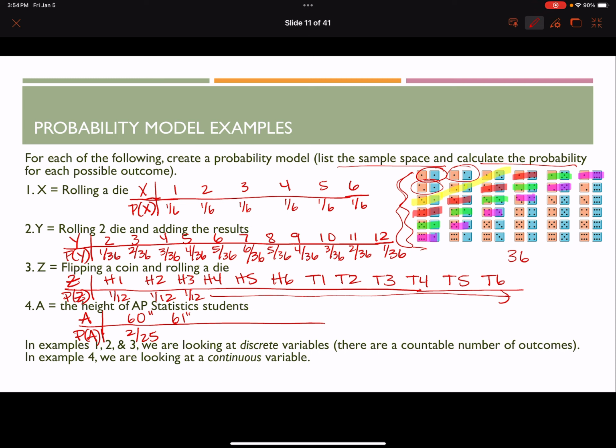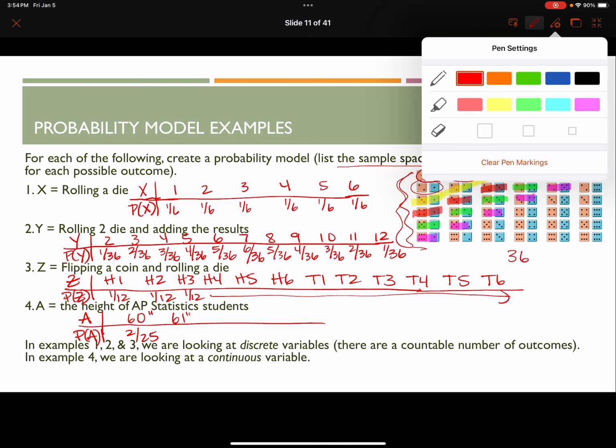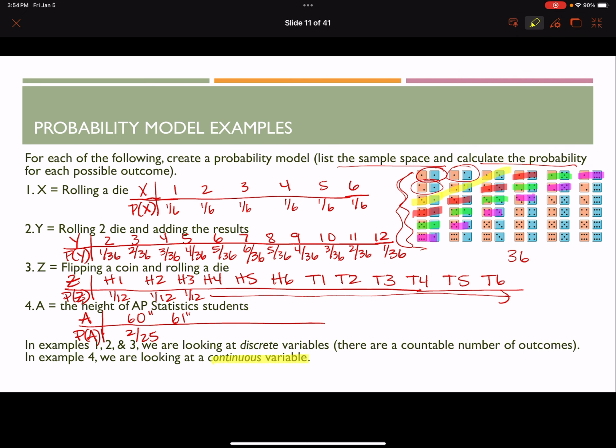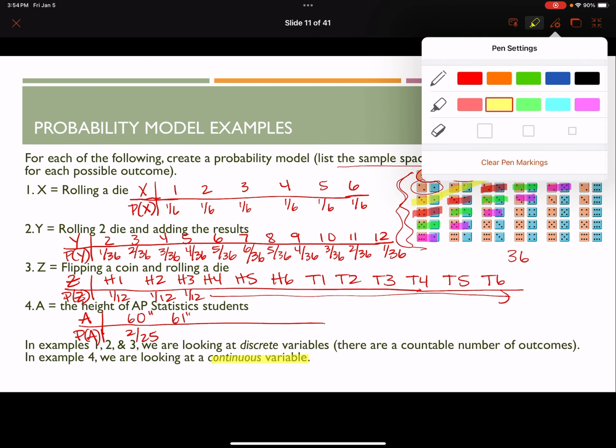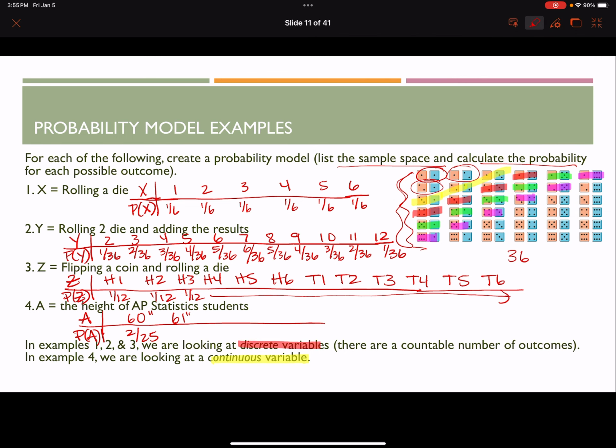So in example number 4 here, we call this a continuous variable because I can be any height. I can be 61.325 inches, right? As opposed to these other ones that are discrete variables, where there's a countable number of outcomes. When I roll a die, I can only get a 1, 2, 3, 4, 5, or 6.